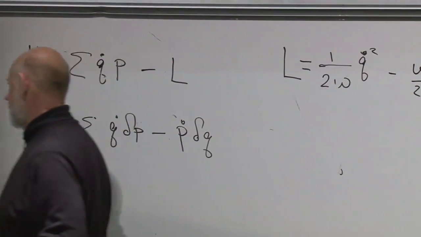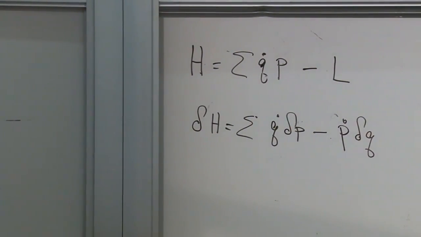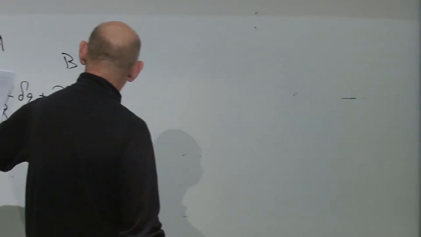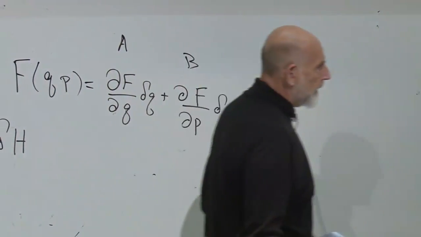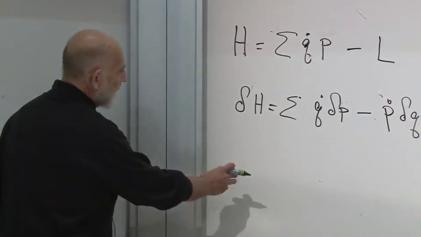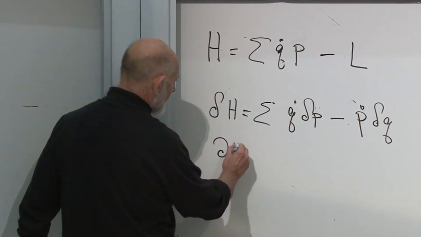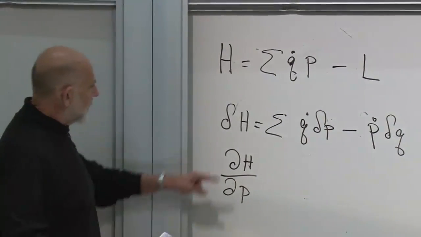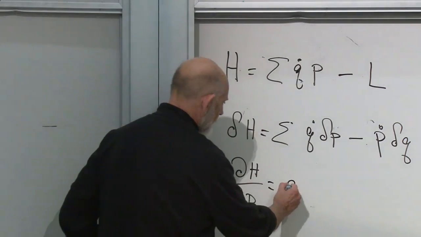Well, now let's compare that with this equation over here. The change in a function when you change q a little bit is df by dq. When you change p a little bit, it's df by dp. So now look what I can do. I can read off from here that the derivative of H with respect to p, that's the change in H when I change p a little bit, is the q velocity.